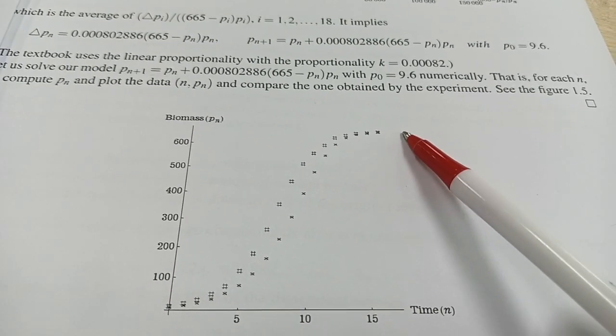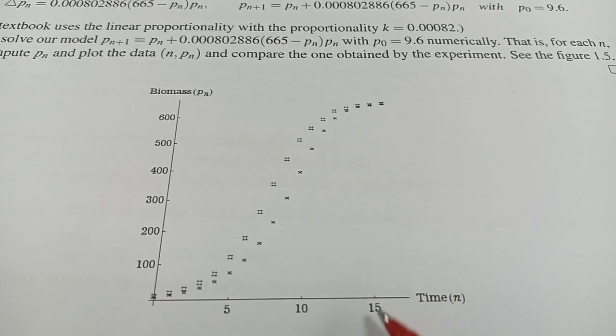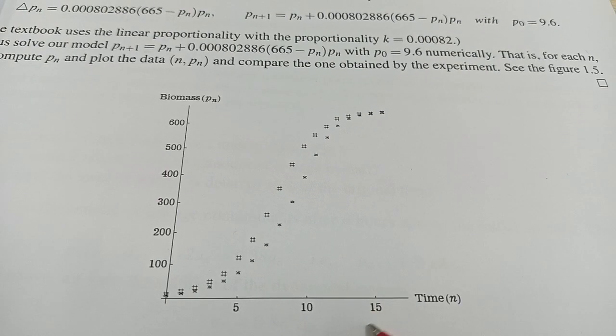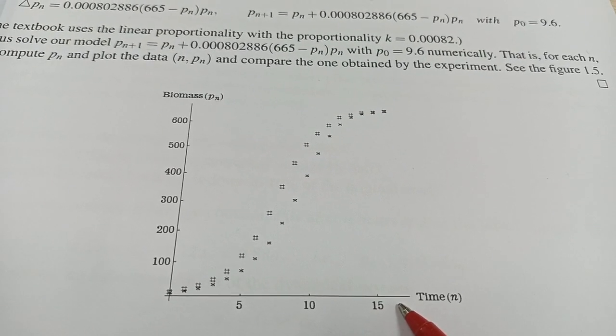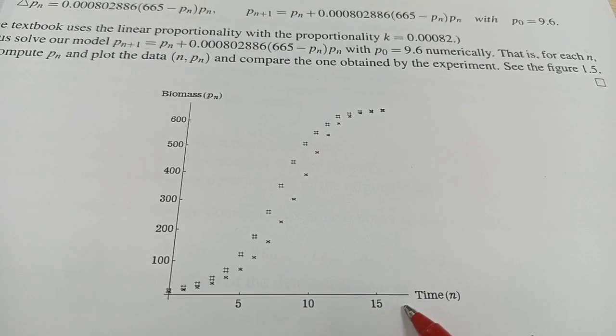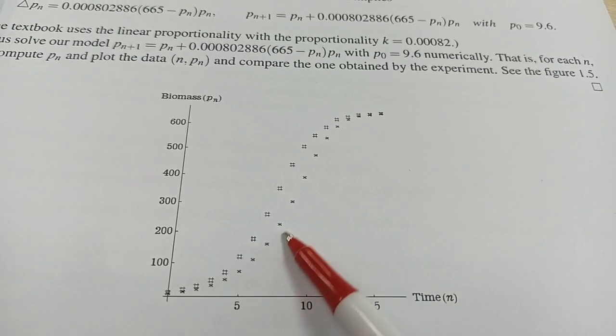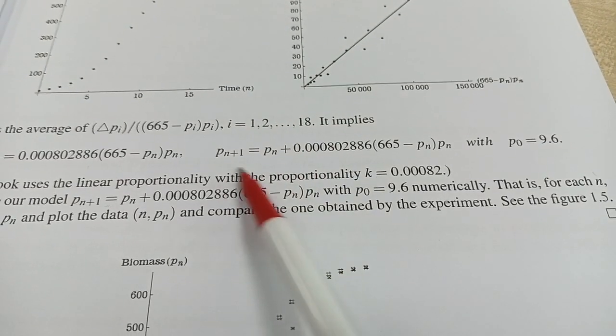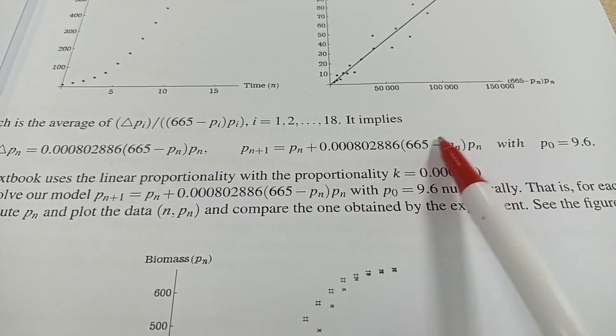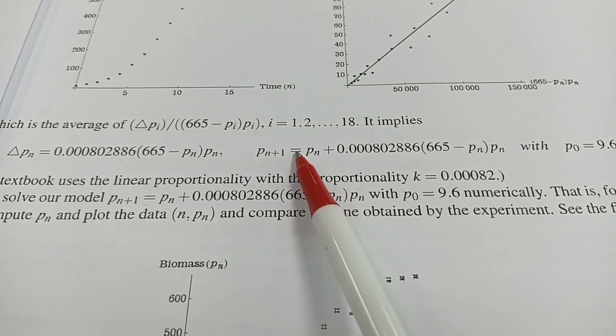For example, from our observation, the time n is actually 15. So next we want to find what it is when n is 16 hours, 17 hours, and so on. So we are going to use the model, or the equation that we construct, the difference equation.